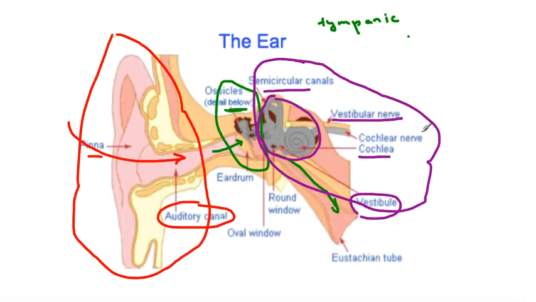Couple of other things I just want to point out here. You have two other connections here. I may have to just erase this a little bit so you can see what's going on here. You got the round window and you got the oval window. So I just want to let you know what those guys are.